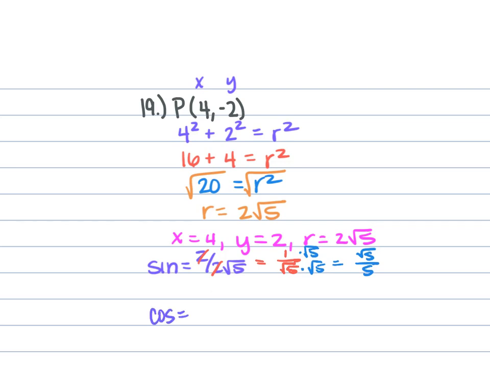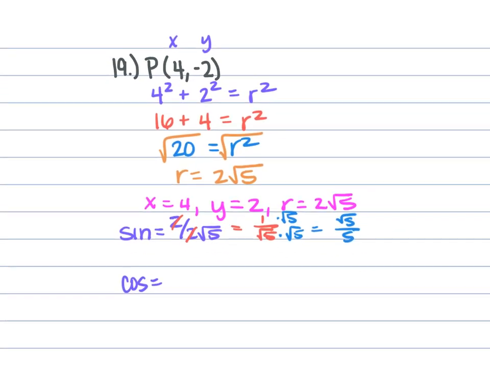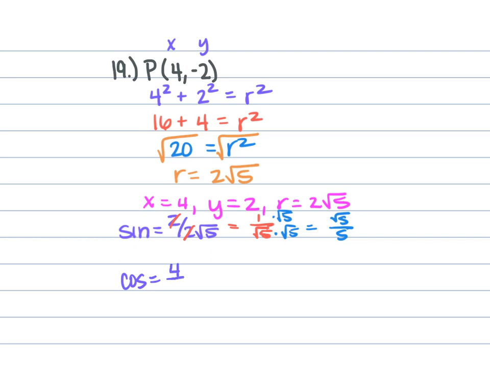Cosine is x over r, so that's going to be 4 over 2 square root 5. The 4 becomes a 2, 2 becomes a 1. We multiply top and bottom by the square root of 5. So this is going to leave us with 2 square root 5 over 5.